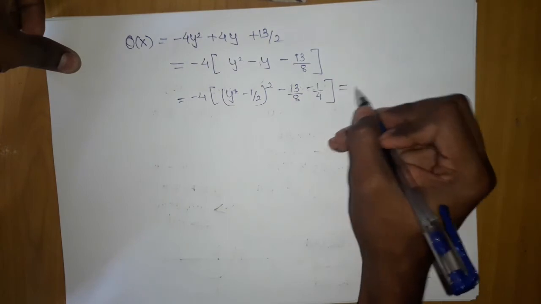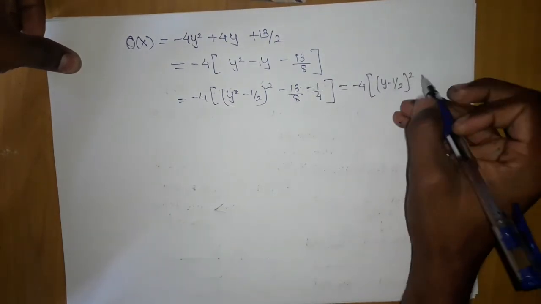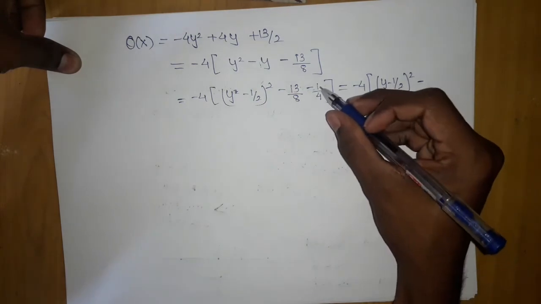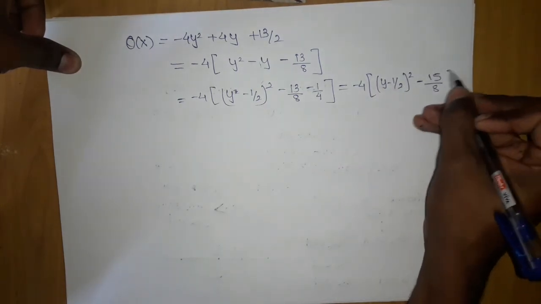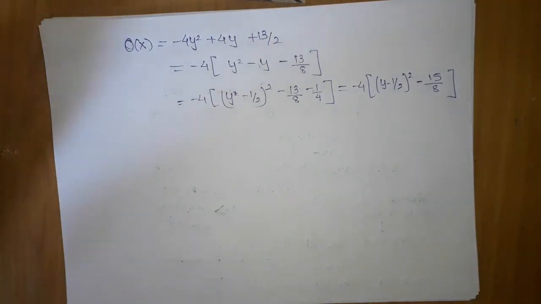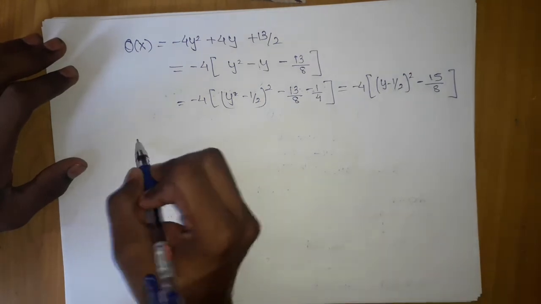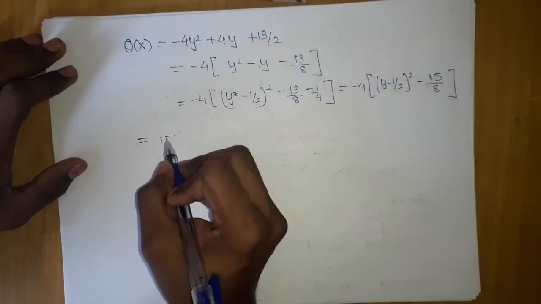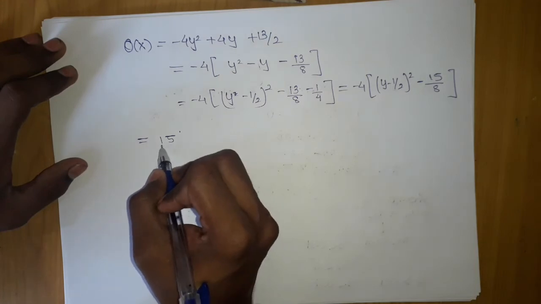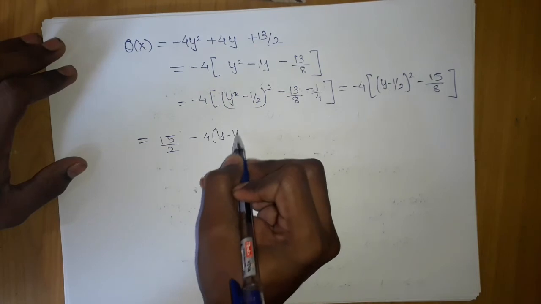After this, minus 4 times y minus 1 by 2 the whole square. 4 twos are 8, so it becomes minus 15 upon 8. Now I give back what I took outside, so it becomes positive 15 by 2, minus 4 into y minus 1 by 2 the whole square.